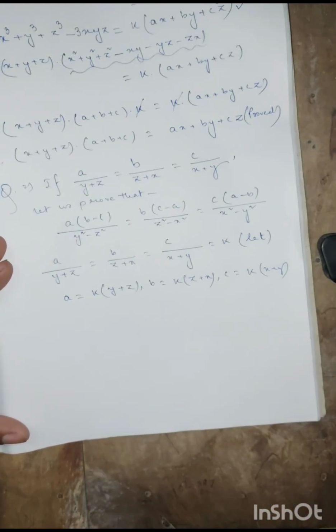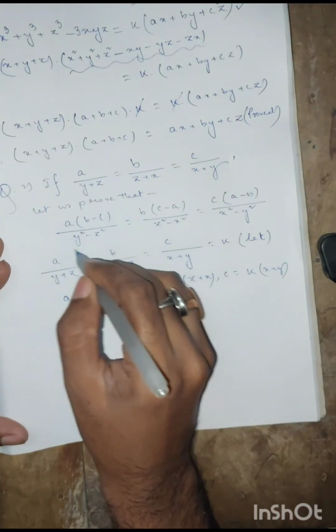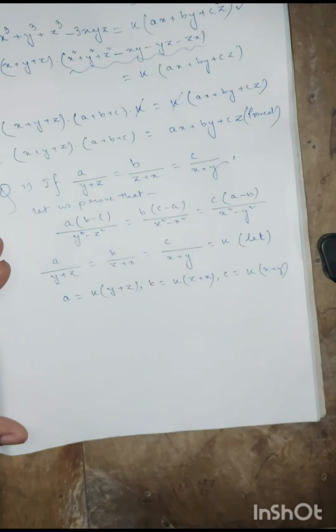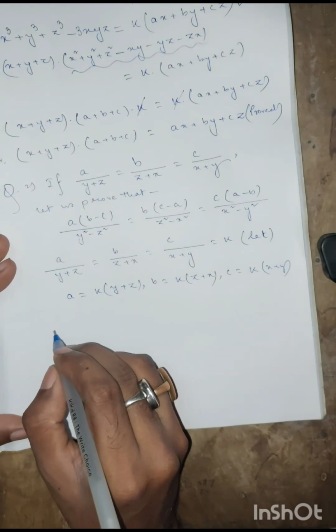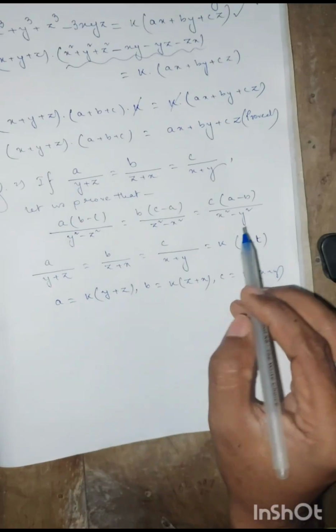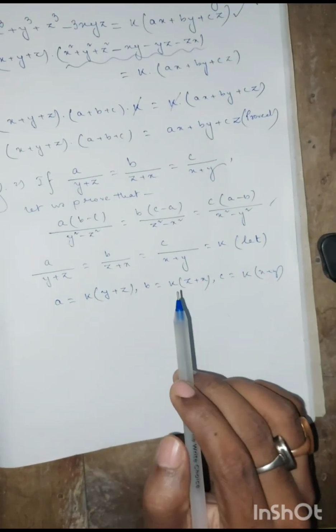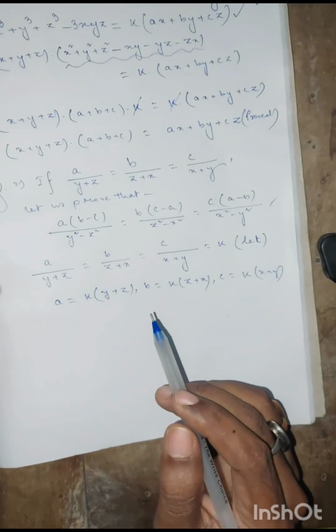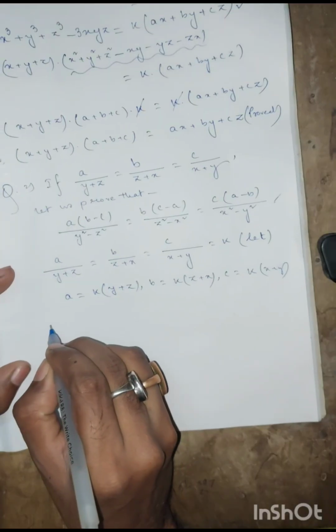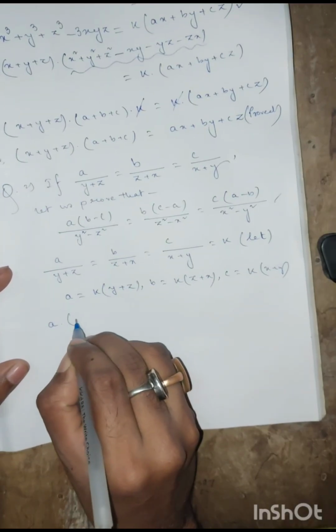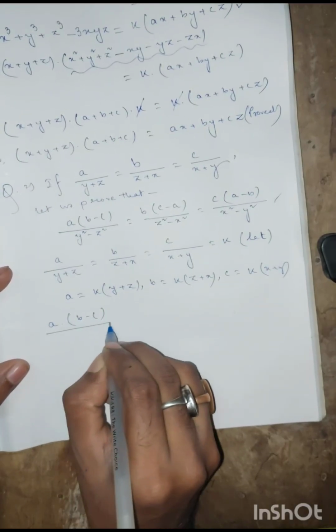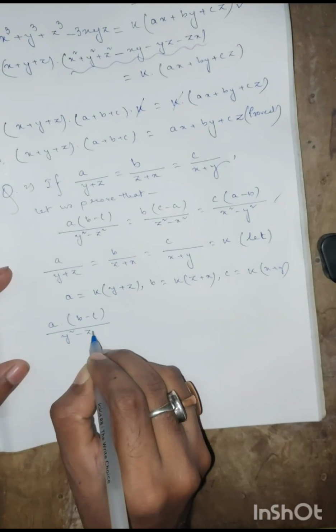Now if we simply take the first ratio, we need to prove this. So we are first taking the first ratio, that is a into (b minus c) by (y square minus z square).